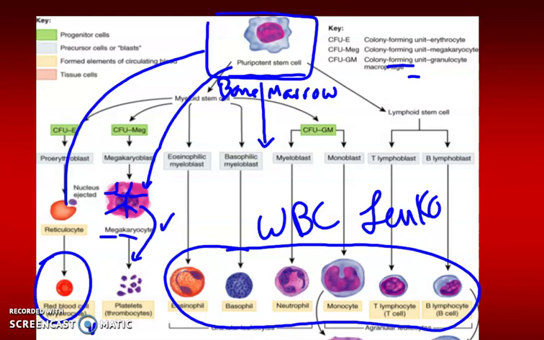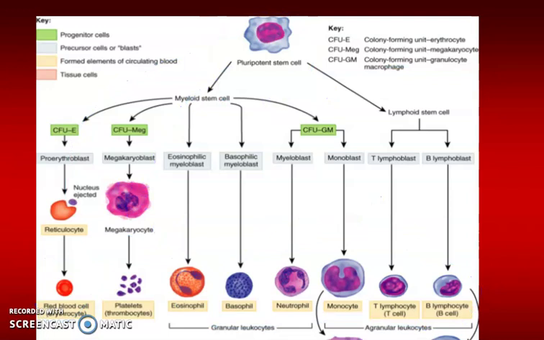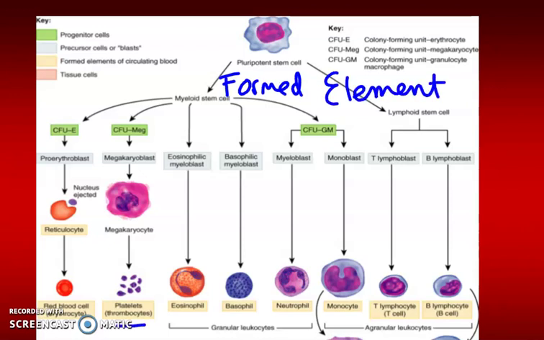Now, on the test, you're going to see this word a lot, and I need you to see it so you don't freak out when you see it. The test is going to say "which formed element." Now, if you understand this, I really can't call this a thrombocyte because it's not really a cell. It's a piece or a fragment of a cell.